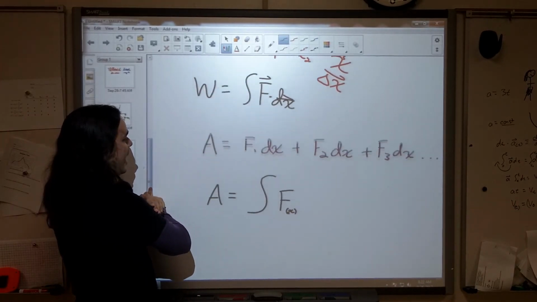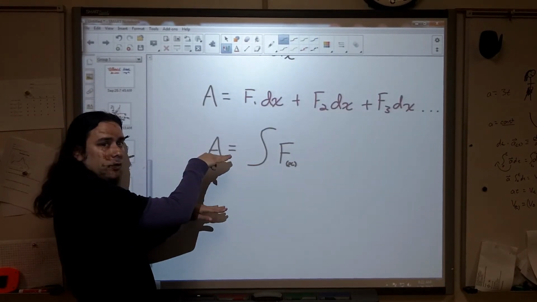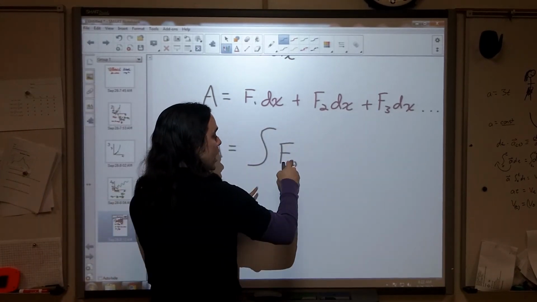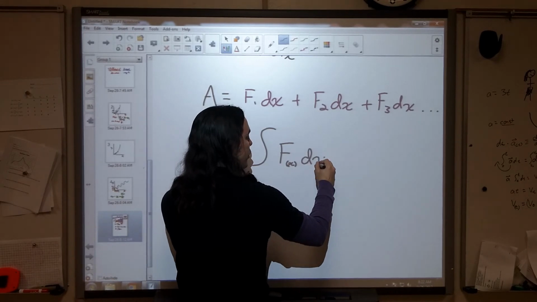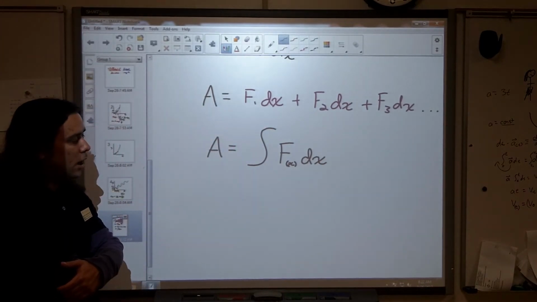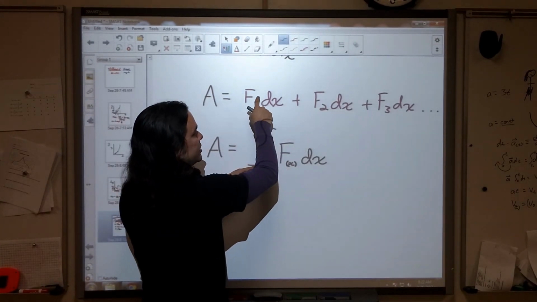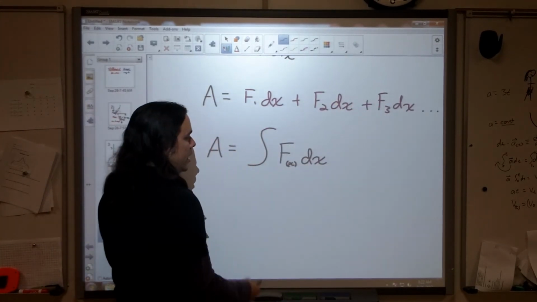So F is my height, whatever the value of the function is. It could be F1, F2, F3, F4, whatever, times the thickness of that rectangle. This summation symbol means that I'm taking each of these and adding them up.